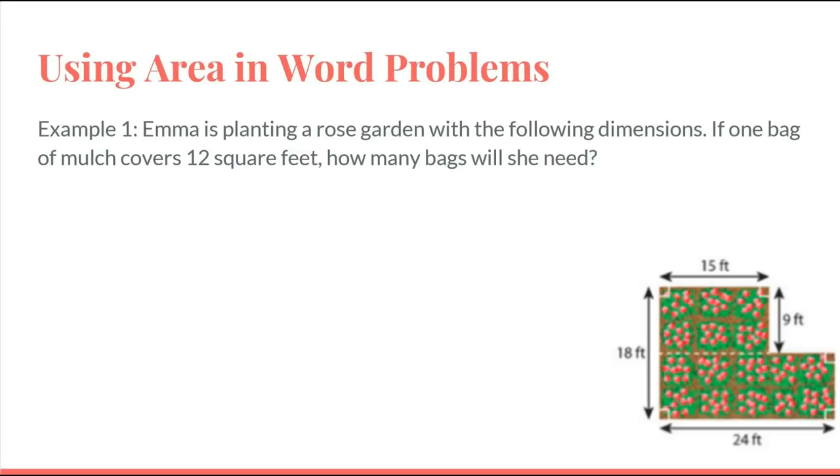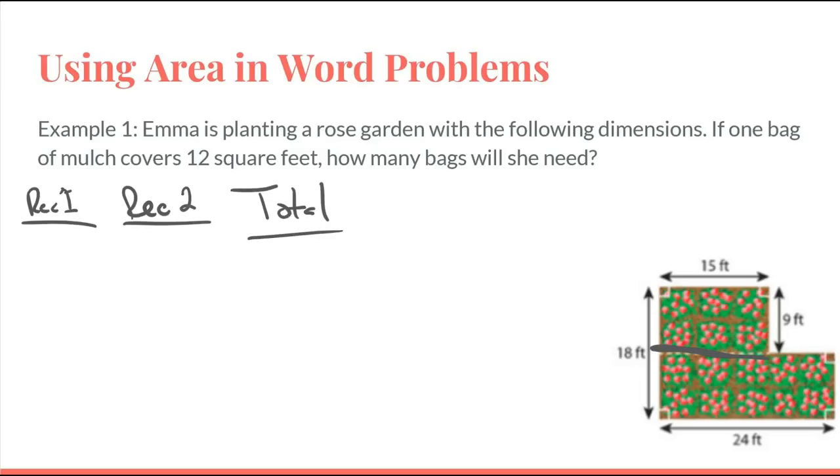So the first thing we need to do is figure out what the area of the rose garden is. So our rose garden is really just 2 rectangles. We have rectangle 1. I'm just going to write rectangle 1. We have rectangle 2. And then we have our total area, which is just when we add those two together.